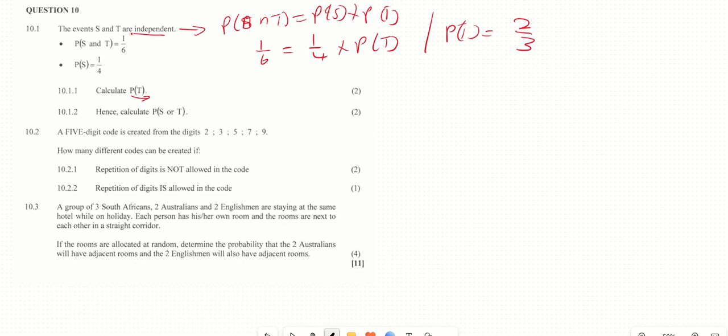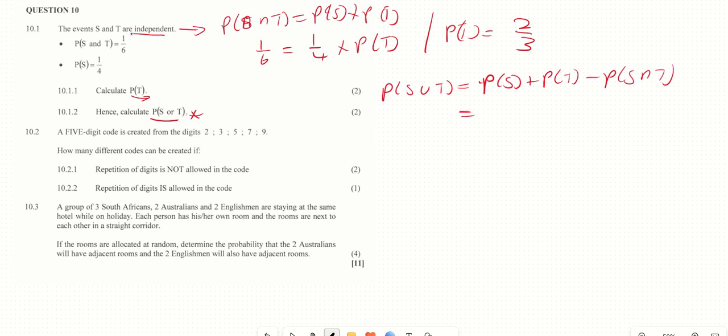Now, hence, calculate probability of S or T. Once you see this, think about the identity. The probability of S or T will be equal to probability of S plus probability of T minus probability of S and T. So now, what is probability of S?